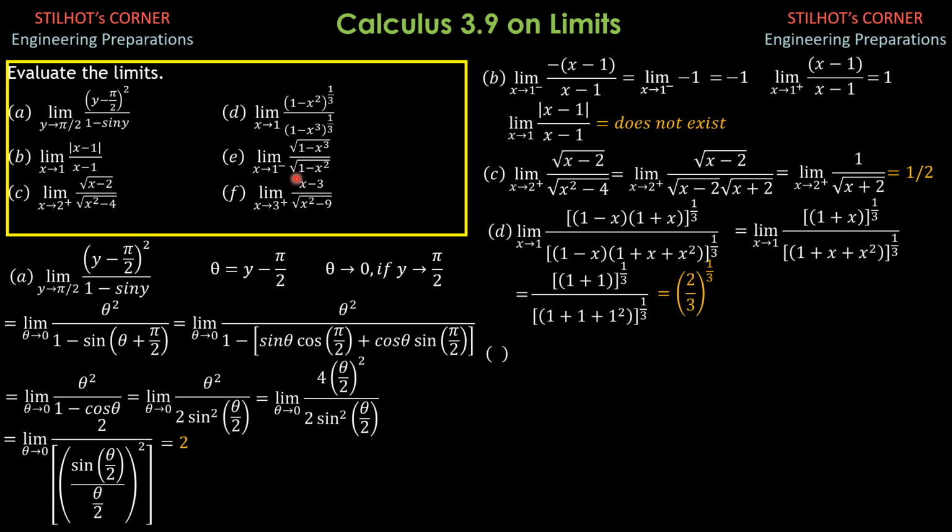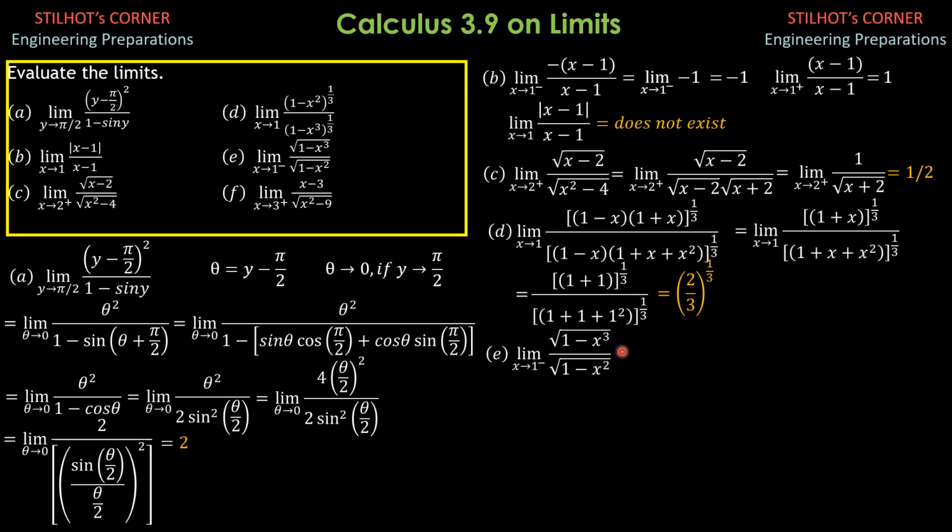Letter E, it's the same. As x approaches 1 from the left, the numerator approaches 0, the denominator approaches 0, both positively, because we have x from the left, so 0.999999.